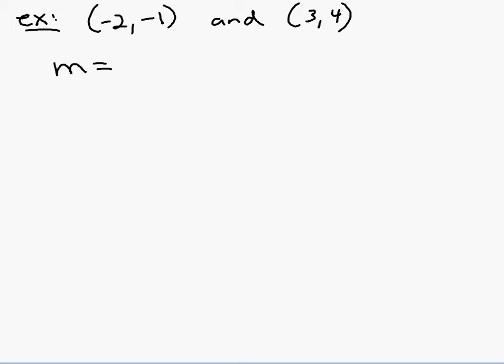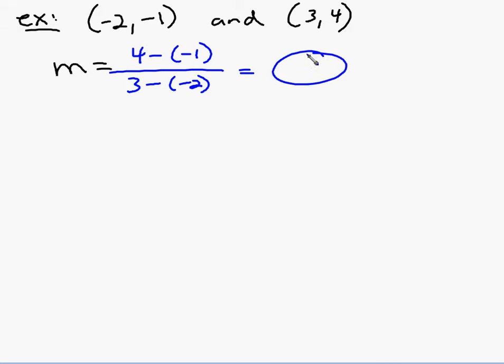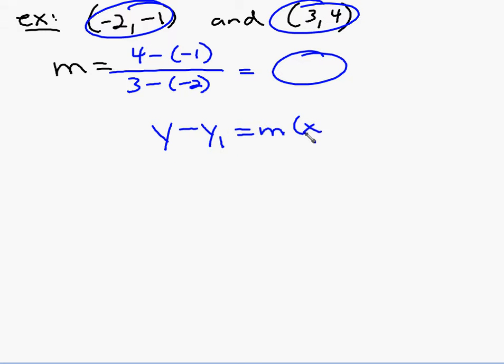I would do 4 minus -1 over 3 minus -2. That would give me a slope. And then don't I have two points to pick from? I can use either point and go back to the point-slope equation, just like the last problem. It will work with either point. Okay?